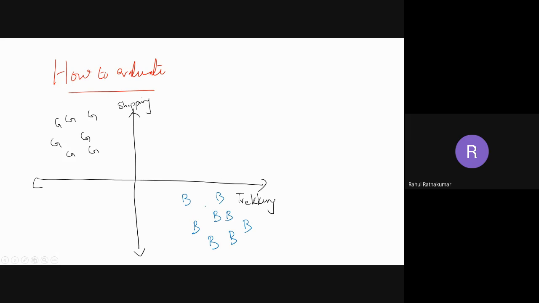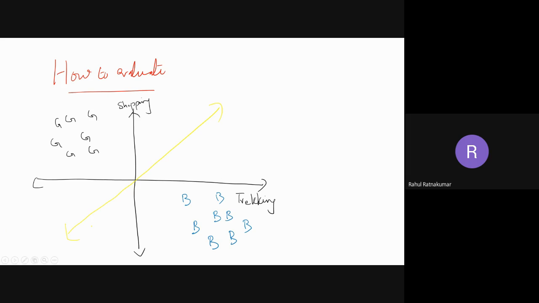Now initially, your neural network is totally untrained. It doesn't have any learning, so it doesn't know the solution. It will be a random line. Our solution is something like this line, which should be dividing the girls and boys perfectly, right?